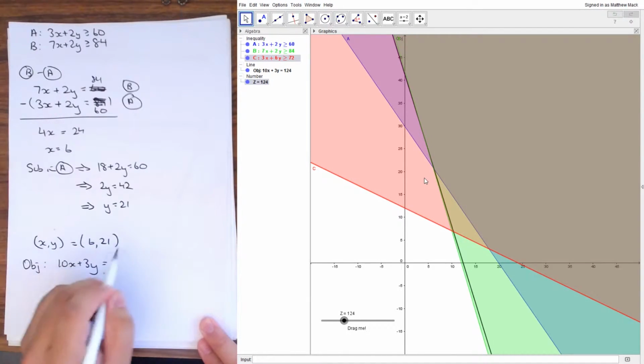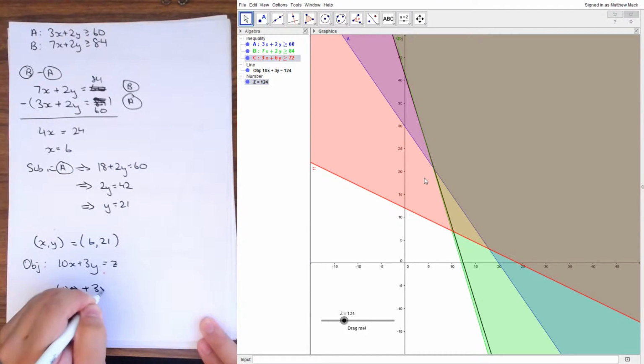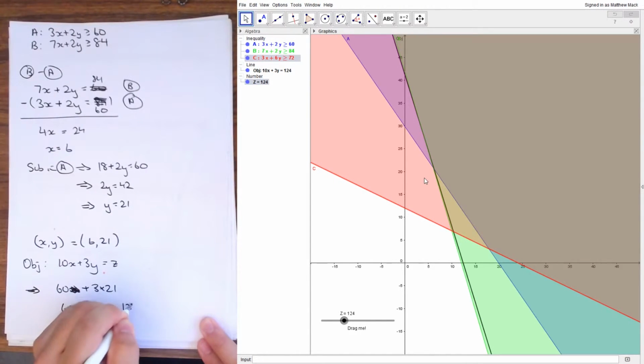Now that we have our x and y that minimizes this objective function, we can substitute 6 and 21 in. So that gives us 60 plus 3 times 21. That gives us 60 plus 63 equals 123.